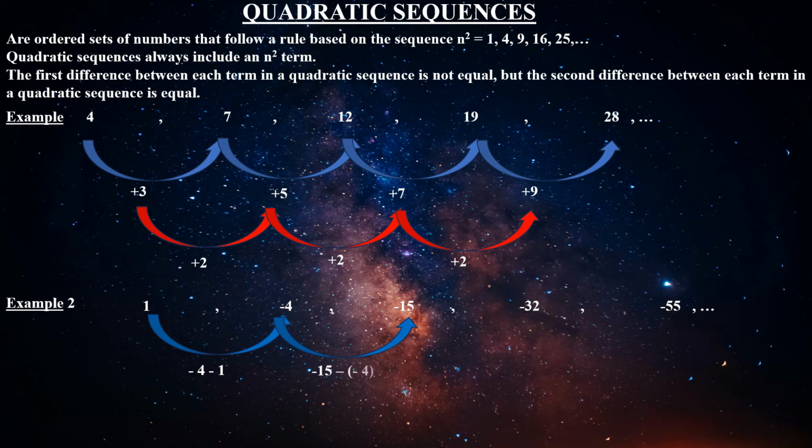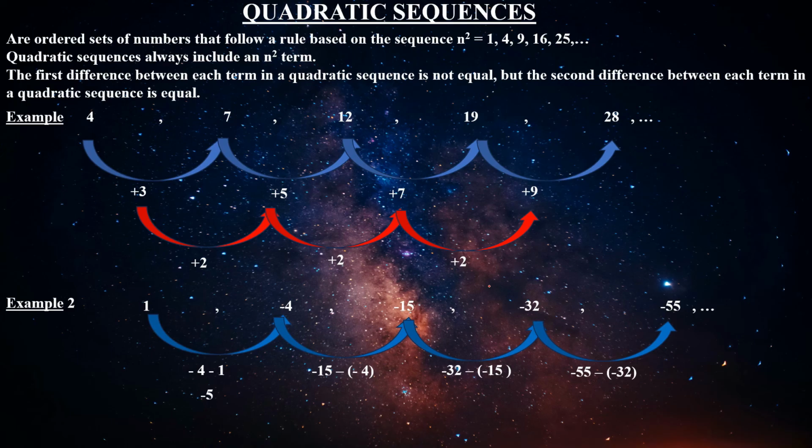So we're going to say negative 15 minus negative 4, right? And it's going to be negative 32 minus negative 15, negative 55 minus negative 32. You just have to know your directed numbers. We can just use a calculator if they're allowed in examination, okay?